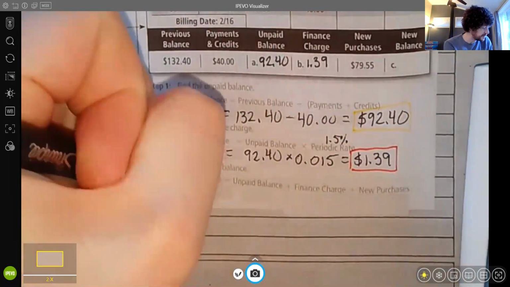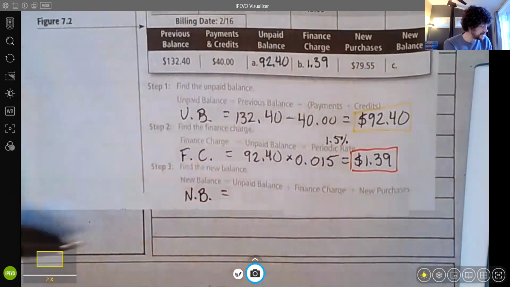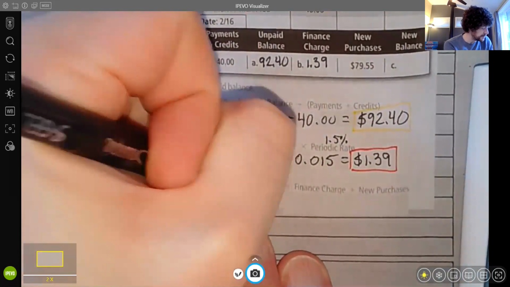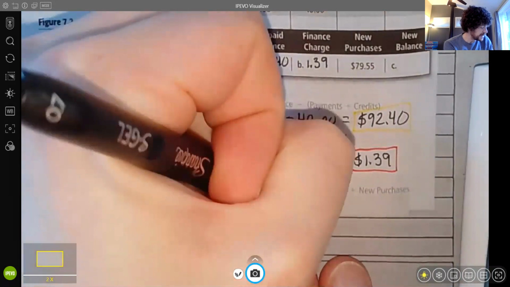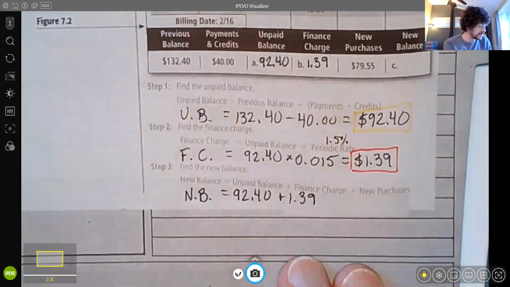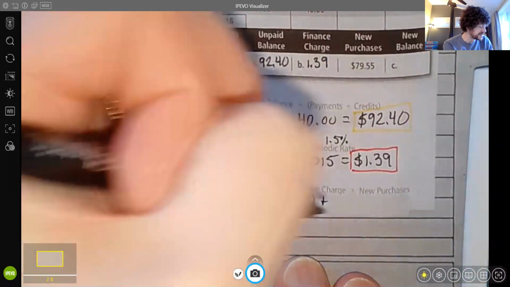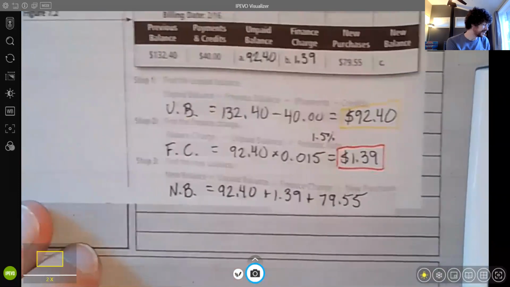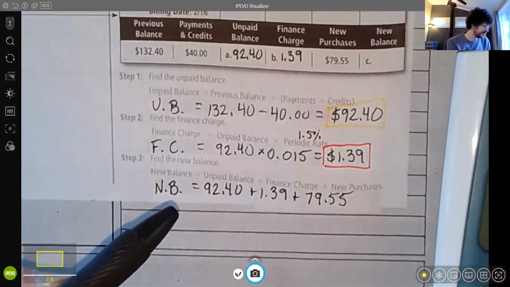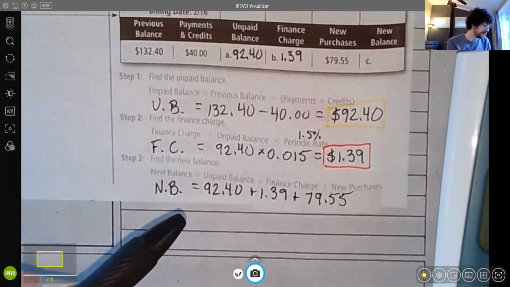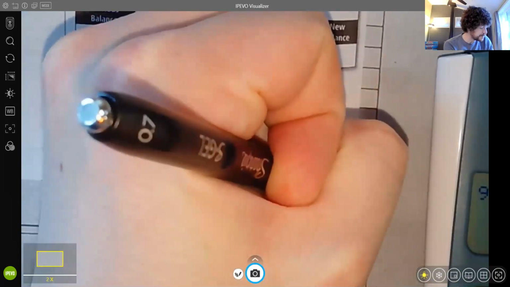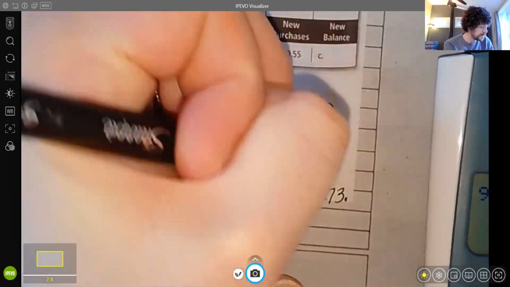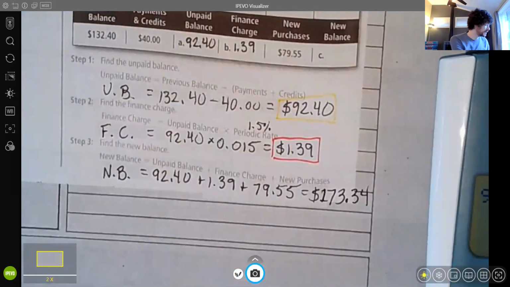So our new balance is equal to the unpaid 92.40, plus the finance charge, $1.39, plus new purchases of $79.55. So we've got to add all those together. So the new balance is $173.34.